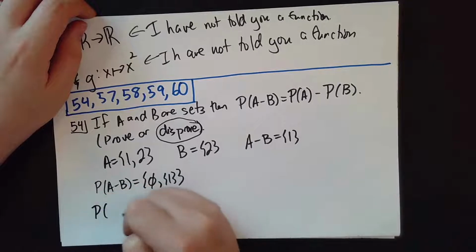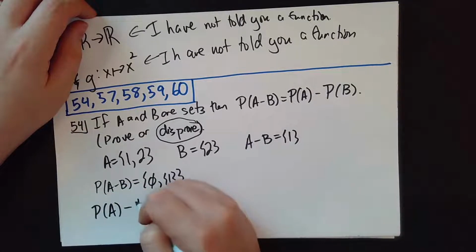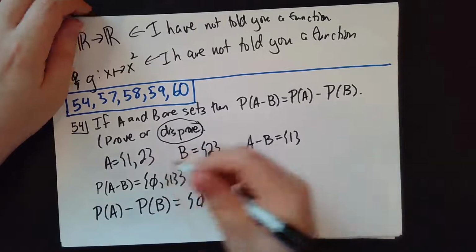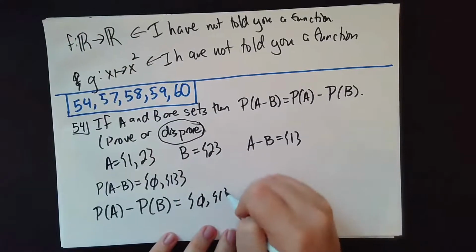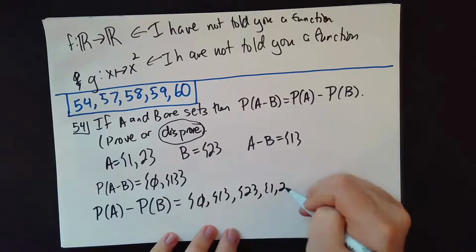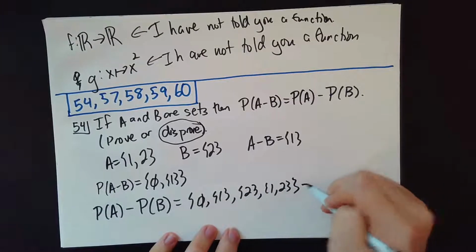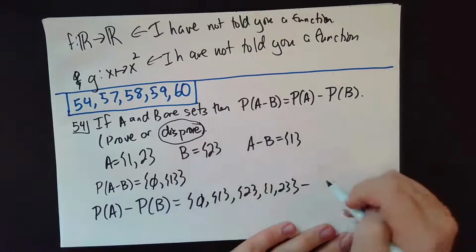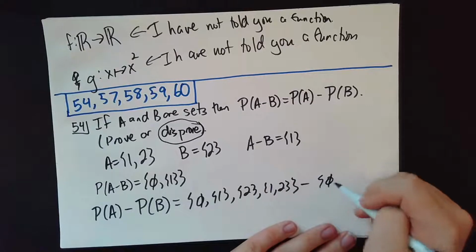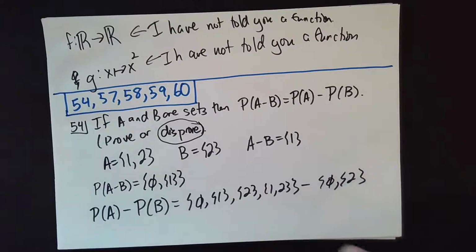Whereas the power set of A minus the power set of B, well, that's the power set of A minus the power set of B, which is the empty set and the set {2}.